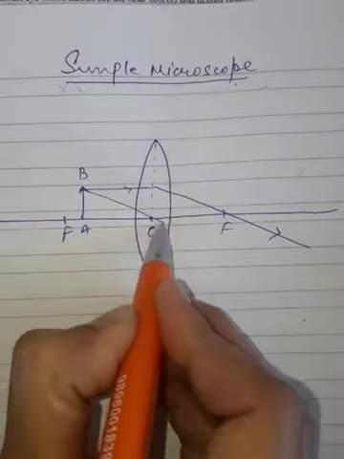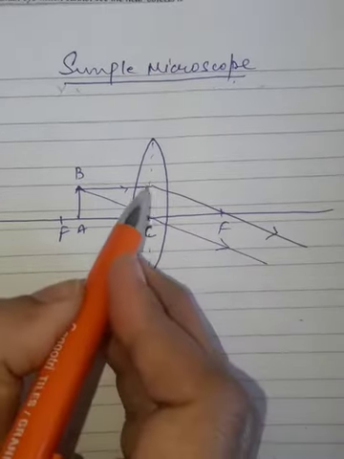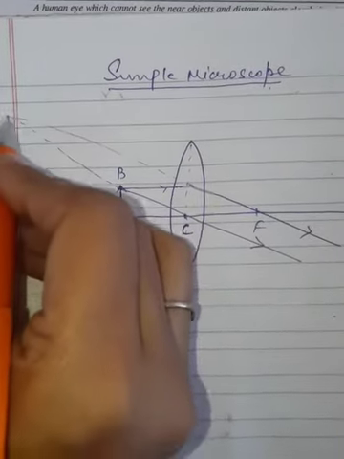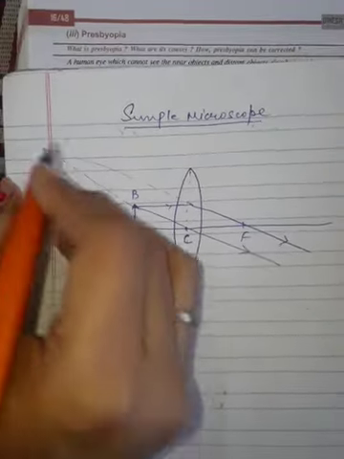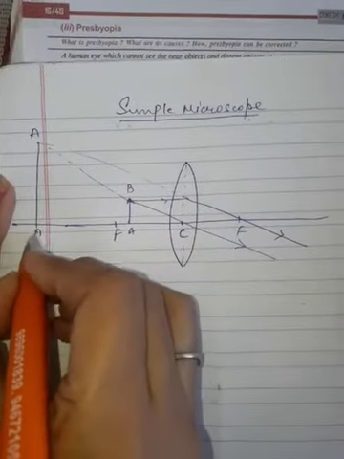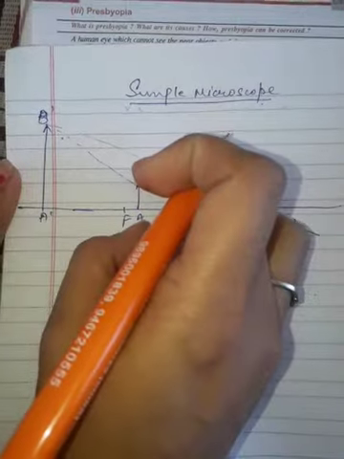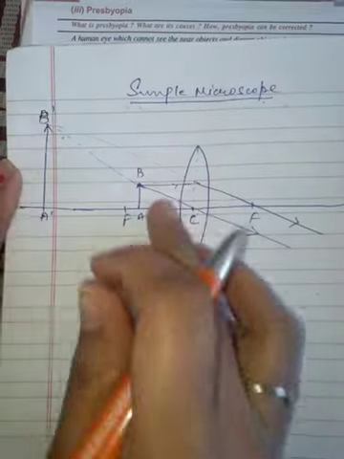Any ray passing from the center of curvature will go undeviated, produce them backwards. It forms B dash A dash, a virtual and erect image. This is the object and this is an image.